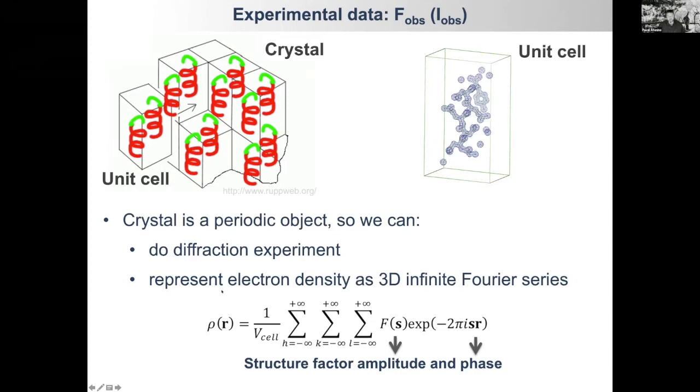This is just a formula taken from a regular textbook on crystallography. What we have here is a sum over an infinite number of Miller indices. And there are 2 components here which are very important: the structure factor amplitude, which is something we measure in the experiment, and the phase.